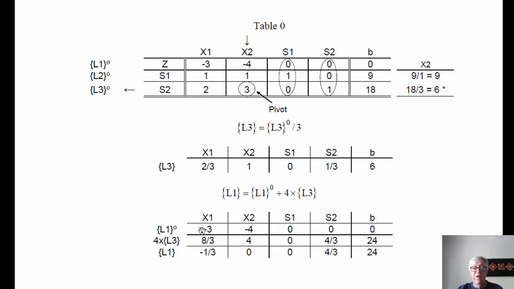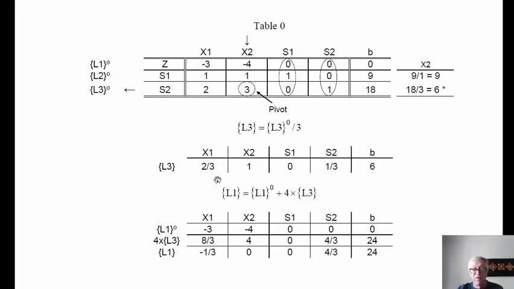So let's start first with the line of z, which is identified here as L1. This symbol just means that it's the previous L1. Our objective is to put a 0 here. To do that, I'm going to start with the previous line, and use the new line 3, multiplying it by a coefficient, in this case 4, which is the symmetric of this.